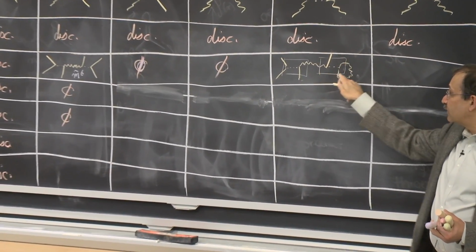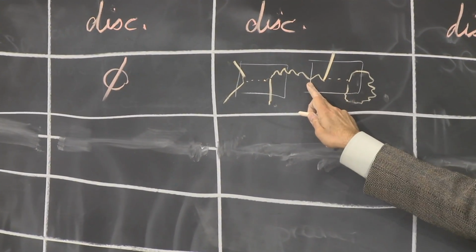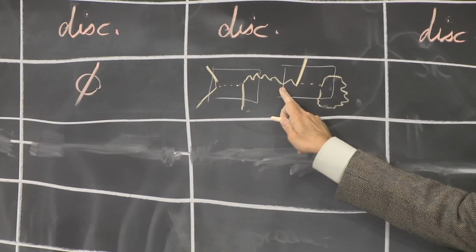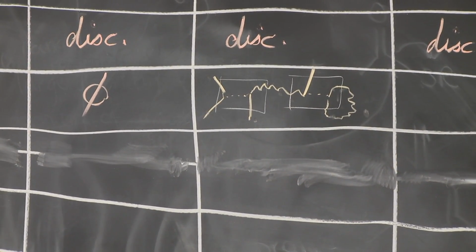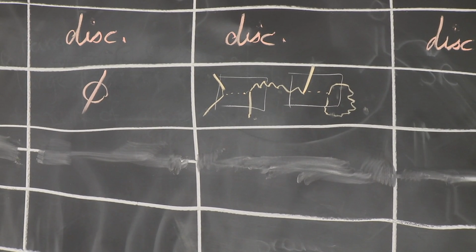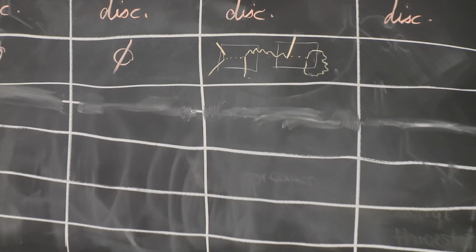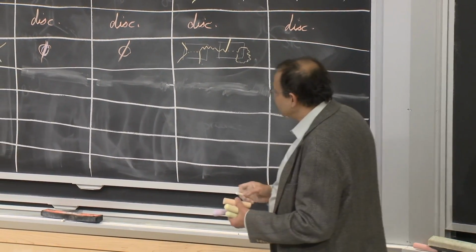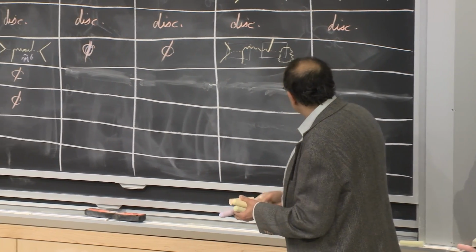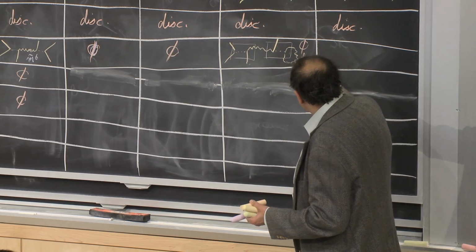The sum of all 4 is 0. So the sum of these two should be 0 too. But that's not allowed, because one of them is outside this shell and the other is inside the shell. So just kinematically, there is no choice of momenta that would give a contribution to this. So this is 0 because of momentum conservation.